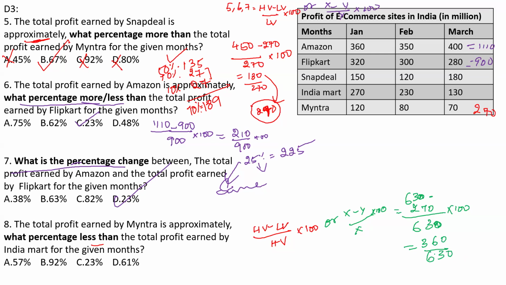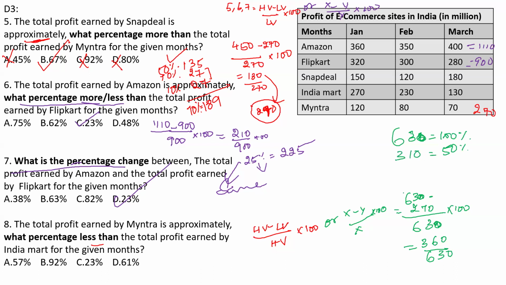If 630 is 100%, how much percentage is 360? Half of 630 is 315, which is 50%.